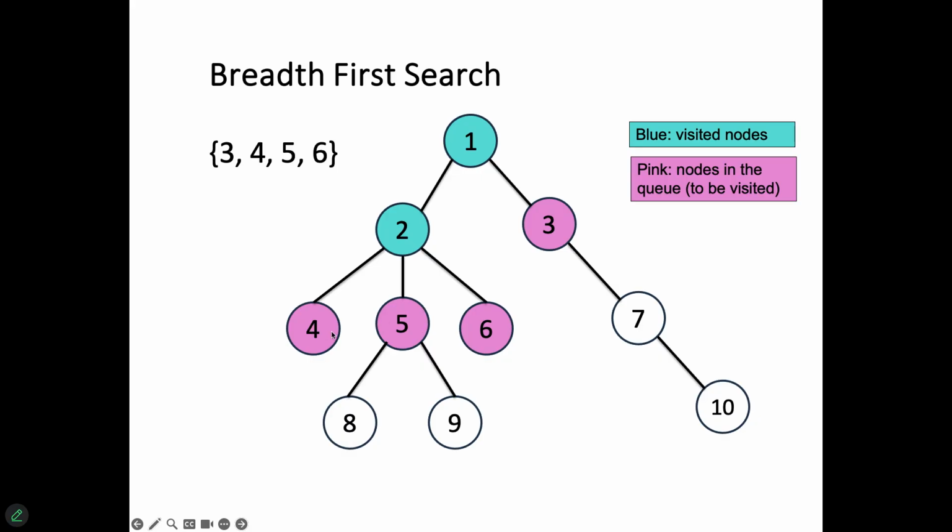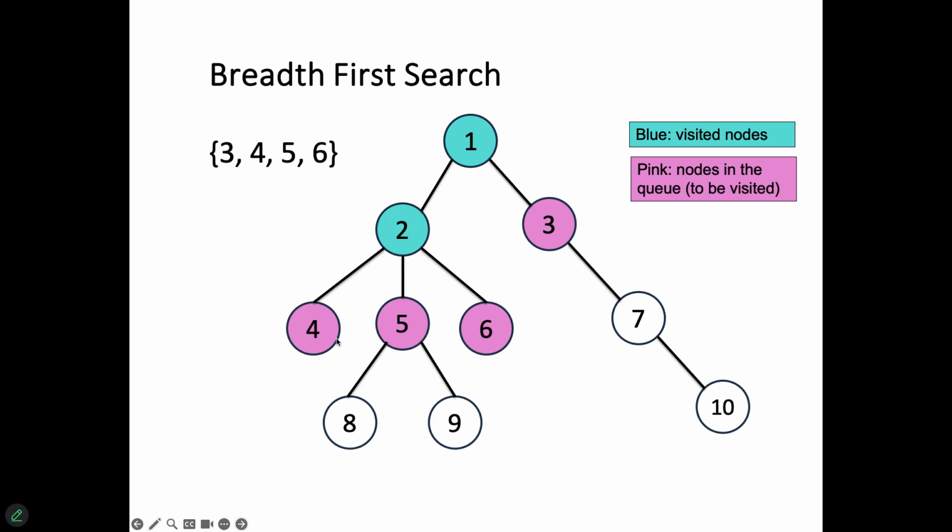Your frontier, the nodes in the queue that are going to be visited, are the nodes in your path where you have an open path to move somewhere, for example from 3, 6, 5, 4. So these are the open nodes, your frontier.